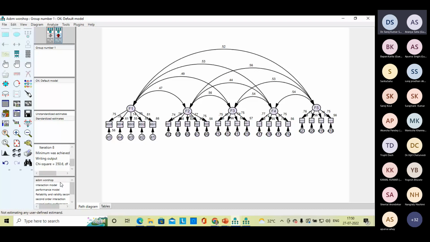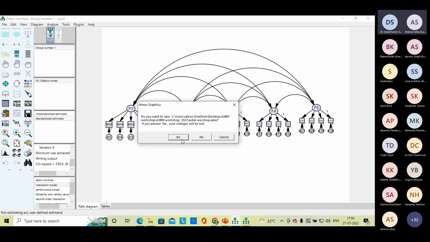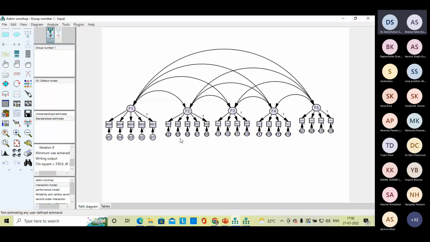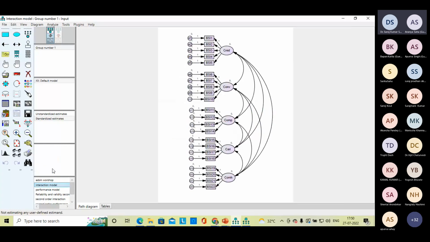Suppose, look at the output, the exact output of my scholar. The buyer-seller interaction he has measured by 22 indicators, that is, 22 items of the questionnaire. That means 22 questions of the questionnaire.